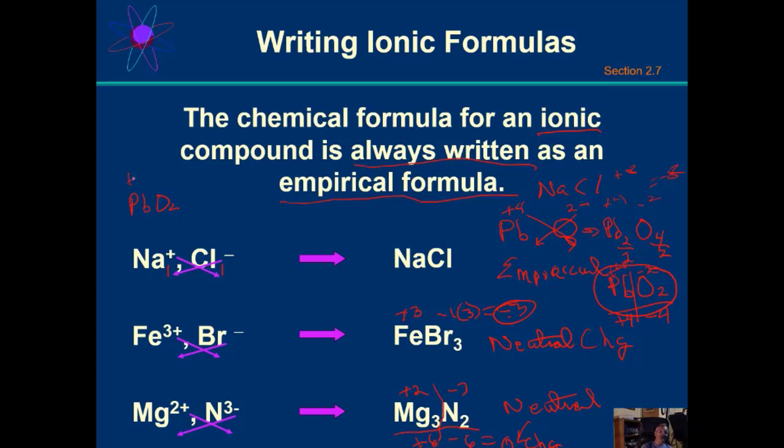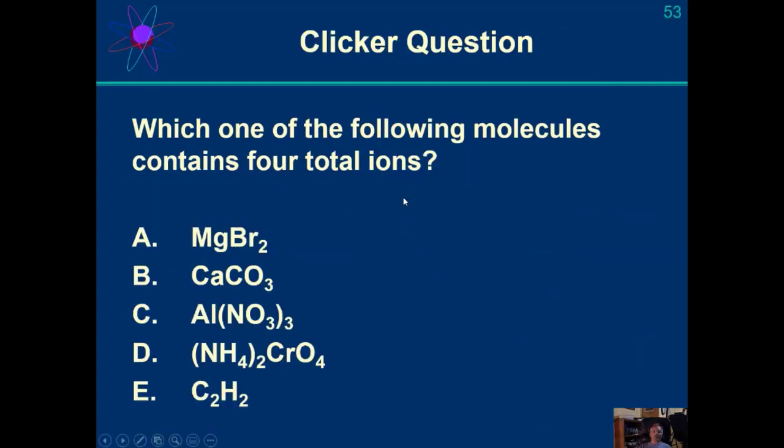We figured out that's plus 4, that's a minus 2. This would be lead, parentheses, Roman numeral 4. It's binary, oxide. Okay, let's do one more little slide and then we'll call it a day.